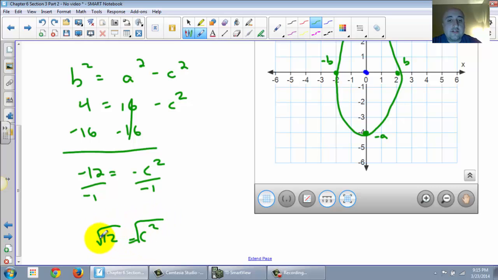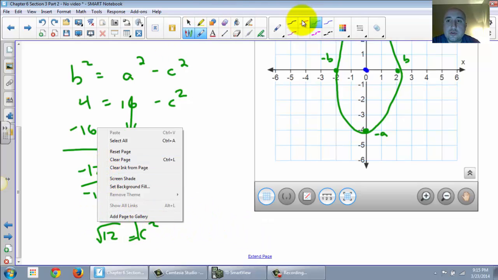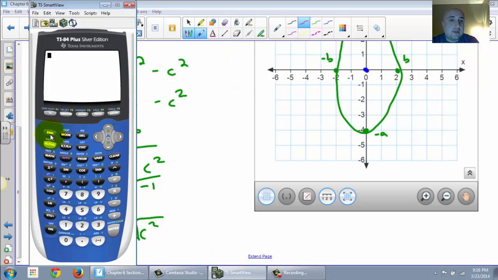Square root both sides. Let's see what this c is. You should be able to reduce this to 2 root 3. Remember, 12 is 4 times 3, the square root of 4 is 2, so 2 root 3. Now, let's get the square root of 12 as a decimal: 3.46.